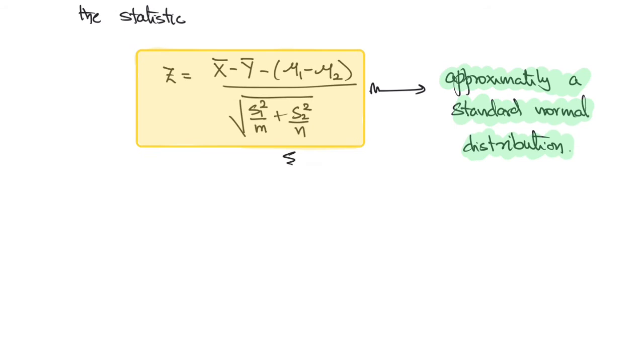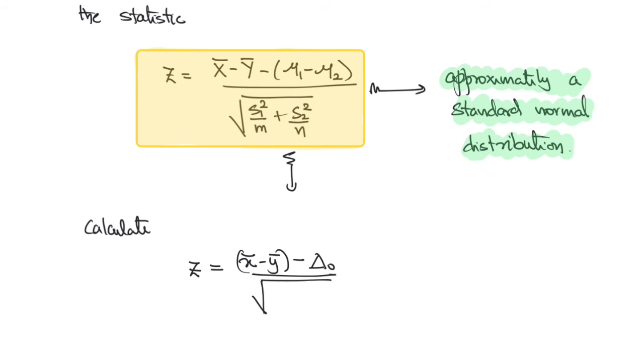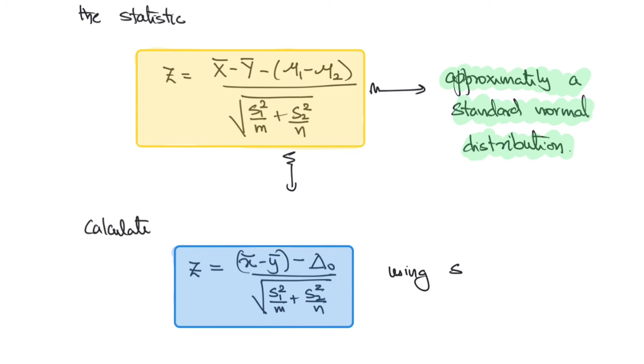We can use the sample data to calculate the value of small z, that is going to be small x bar minus small y bar minus delta 0 divided by the square root of s1 squared over m plus s2 squared over n.